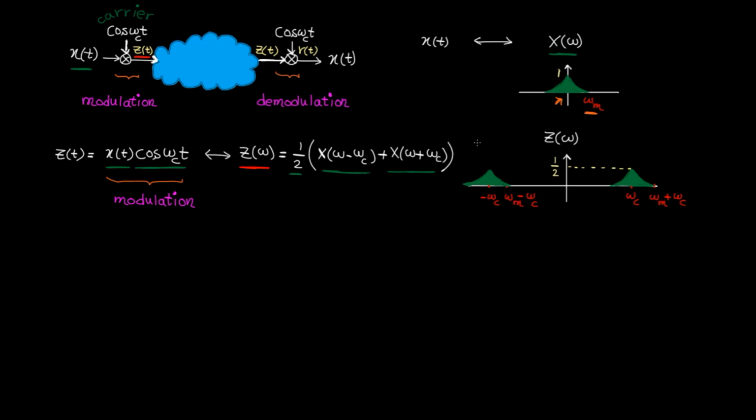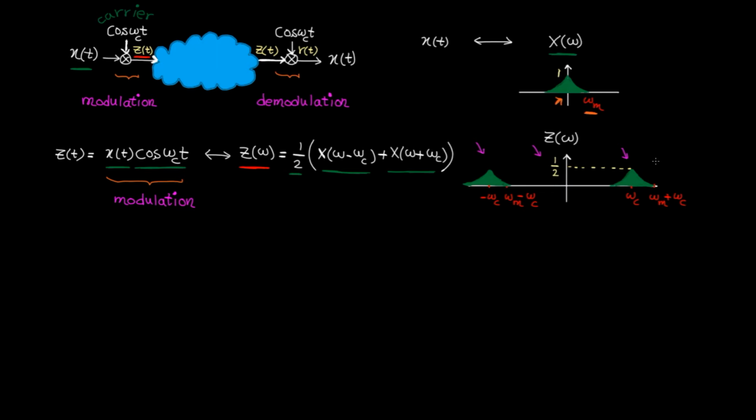Here's the same story. When we modulate x(t) with cosine, again, we shift the frequency content to higher frequencies. So the mission is the same. The difference between modulation with a complex function and cosine function is the fact that we got 2 copies here and the amplitude also becomes half.